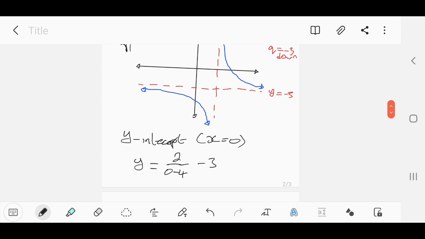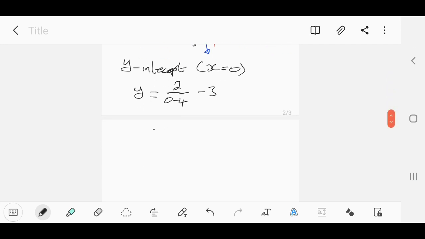So this is just something you simply put on your scientific calculator, 2 over 0 minus 4 minus 3. So this is minus 7 over 2, which in decimals is minus 3.5. You're done. This is your y-intercept. When x is 0, y is minus 7 over 2.